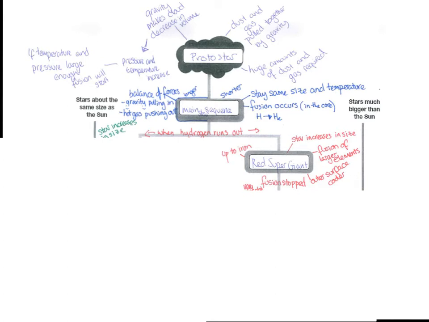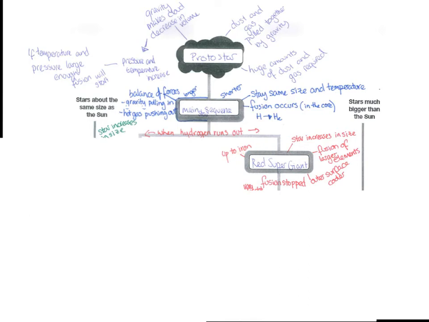The hydrogen that was in our main sequence star has run out, and so the size of the star changes. We now have fusion of larger elements again, but this time up to iron. So anything in the periodic table up to iron can be made inside a red supergiant by fusion.